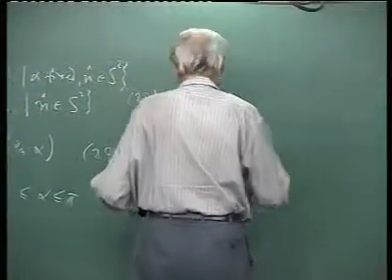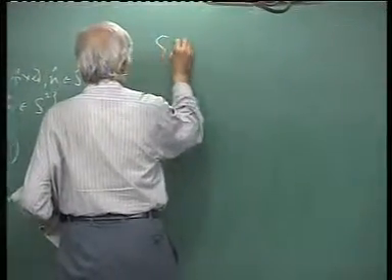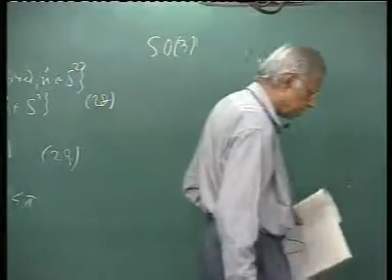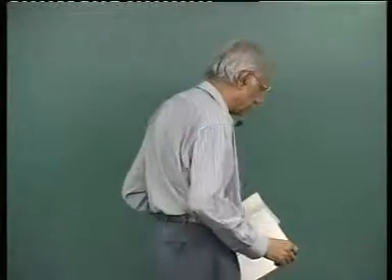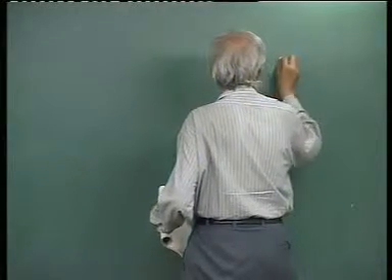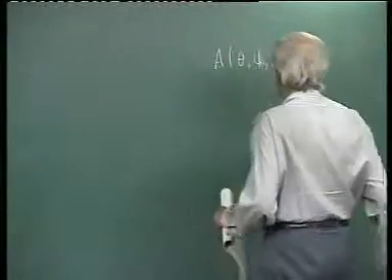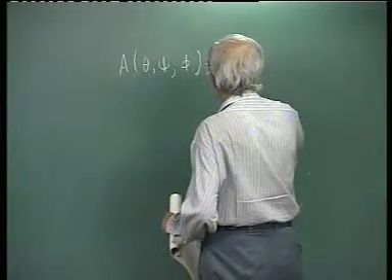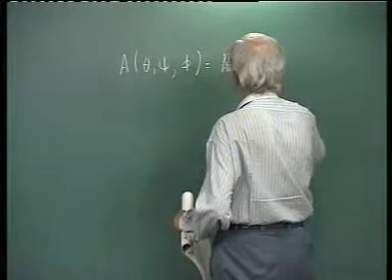The next thing I want to describe is the structure of this Coset space. Now, for this purpose, you remember how a general element can be described in the Euler angle language.